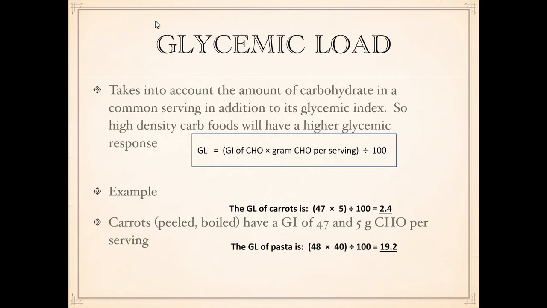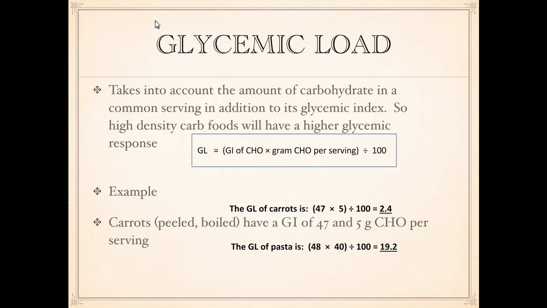Glycemic load doesn't just look at the index, it looks at the amount of carbs in a common serving in addition to its glycemic index. So, for example, both carrots as well as pasta have around the same glycemic index.